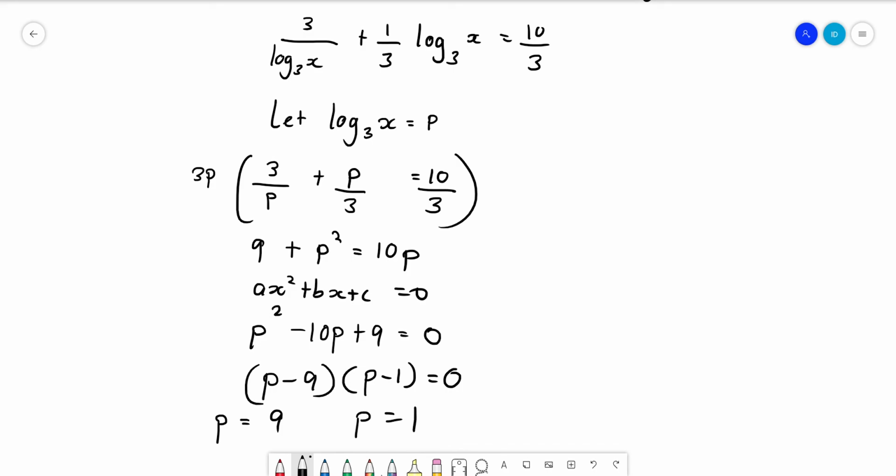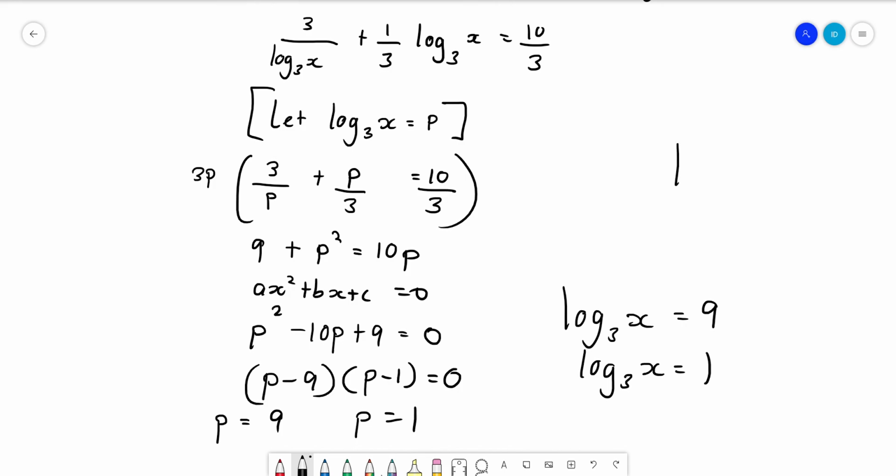Now we can substitute to get log base 3 of x is equal to 9 and log base 3 of x is equal to 1. Remember, we substitute the p values into our original let equation. Now remember, how do we eliminate the logarithm?